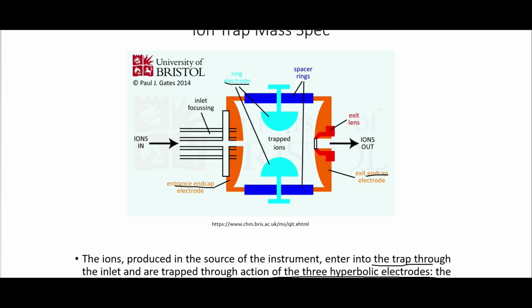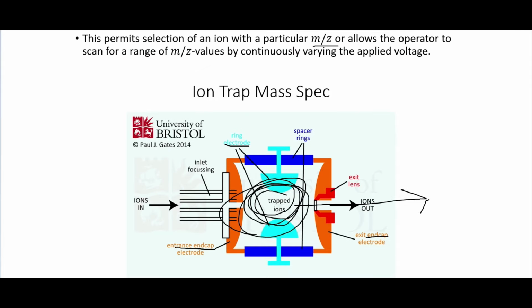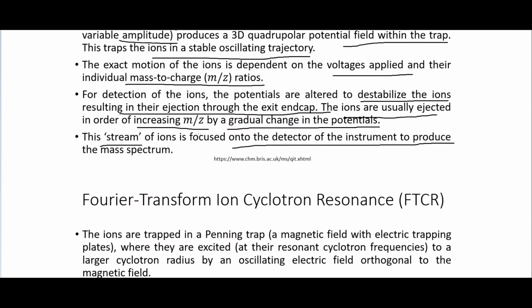So you can essentially think of the ions inside here as sort of spinning around in a circle. They are adjusting the potential within here, and so some of those ions, based on their mass, will get sent flying out of here at different times, well, at different voltages, at different potentials based on their mass, where the potential is changing in time. And so that is the ion trap mass spec.